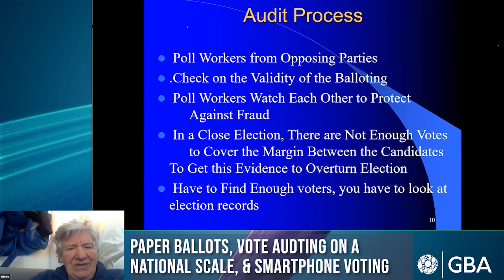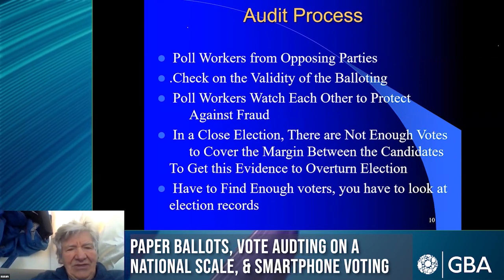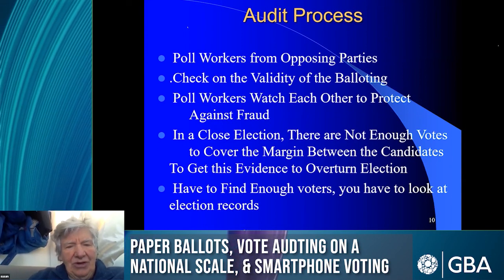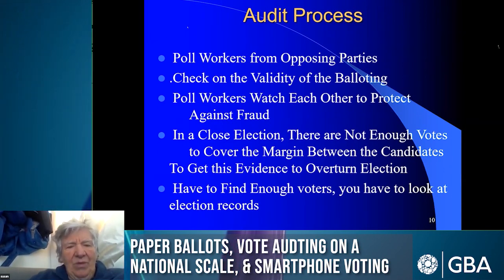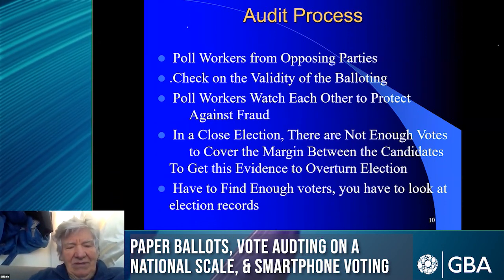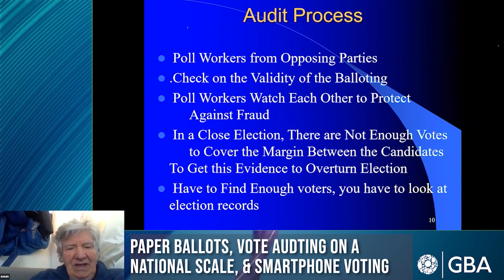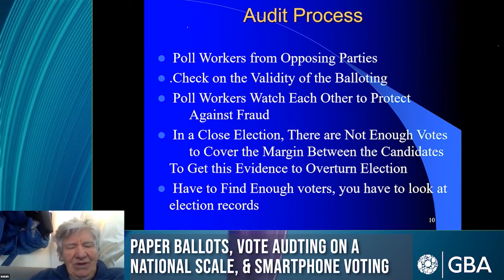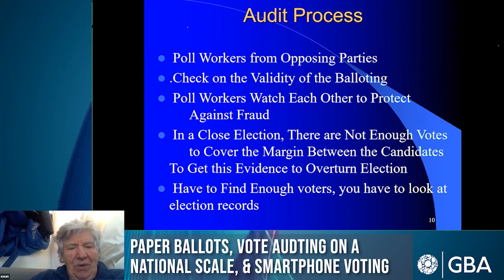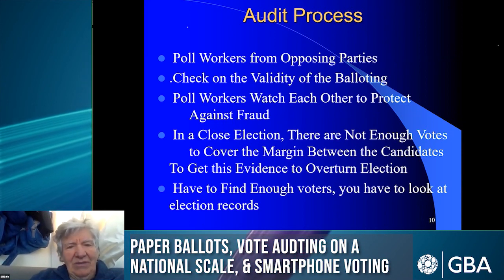The audit process, I think, is going to become far more important than it has been in running our elections and determining who really won. The poll workers from opposing parties need to be really from opposing parties, because that's how James Michael Curley and those guys, the people in Chicago, New York, Louisiana, all manipulated elections by using poll workers from one party, and you see it in South America.